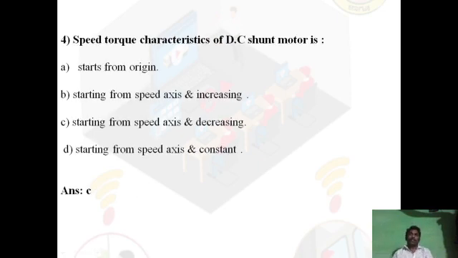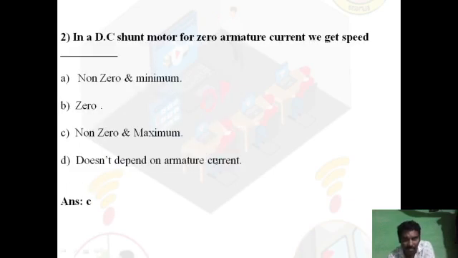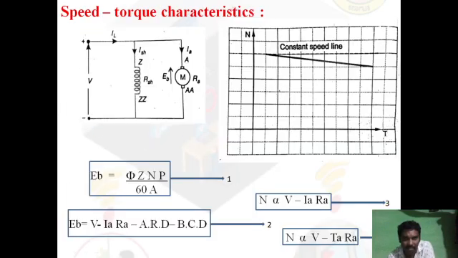The fourth question: the speed torque characteristics of a DC shunt motor. Does it start from the origin, start from the speed axis and increase, start from the speed axis and decrease, or start from the speed axis and remain constant? Speed torque characteristic does not start from the origin.